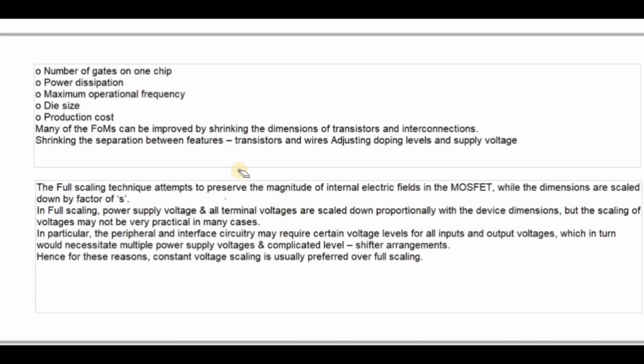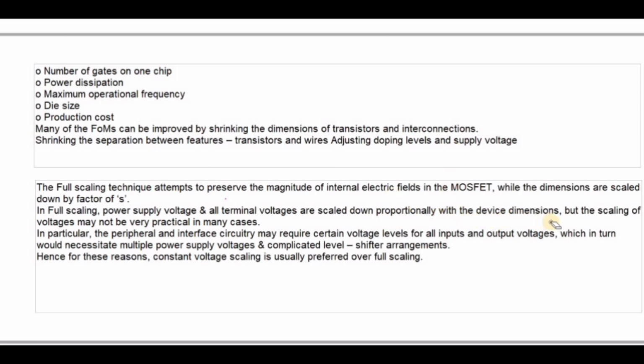The full scaling technique attempts to preserve the magnitude of the internal electric field in the MOSFET while the dimensions are scaled down by the factor of S. In full scaling, the power supply and the terminal voltages are scaled down proportionally with device dimensions.